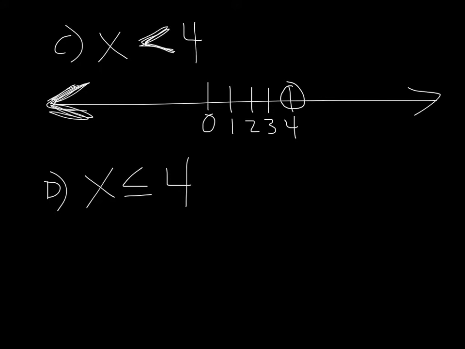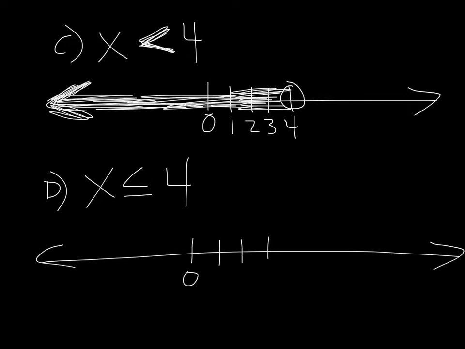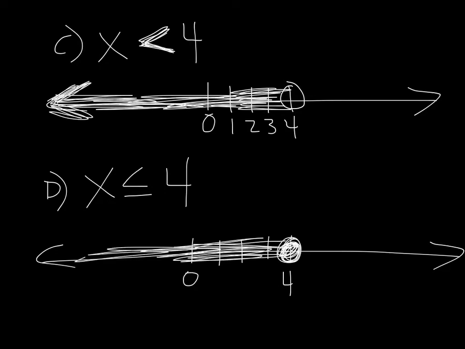And notice it's also pointing to the left, so I shade everything left of 4. There's my answer. And for D, it's less than or equal to 4. Because it's less than or equal to, I close it in, and I shade everything again to the left because it says less than or equal to. And that's how I show how to shade those.